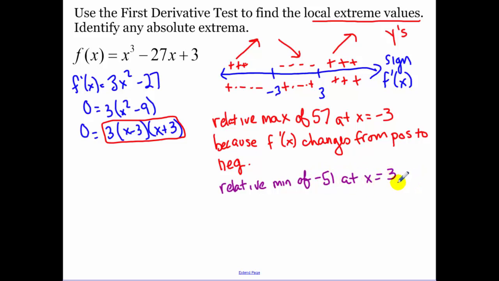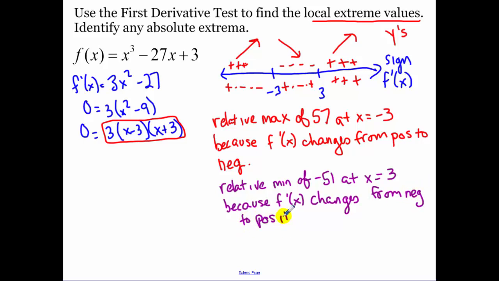Again, I plugged 3 into my function to find out what that was. And this is because f prime of x changes from negative to positive.